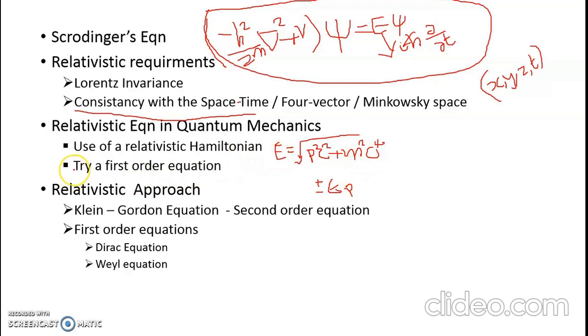By that time, another scientist, P.A.M. Dirac, introduced a new theory, a new wave equation, which is first order in both space as well as time coordinates, and that has found a lot of qualities.